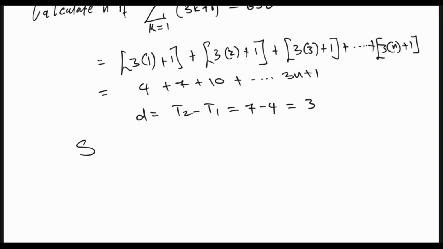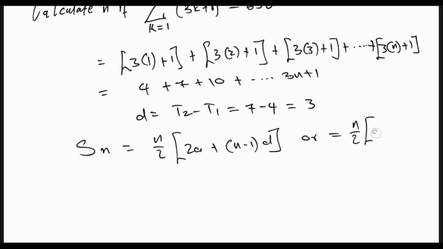All right, so we have the sum of n terms is equal to n over 2 times 2a plus n minus 1 times d, or we could use this one which says Sn is equal to n over 2 times a plus l, right? So which one do you suggest we use?